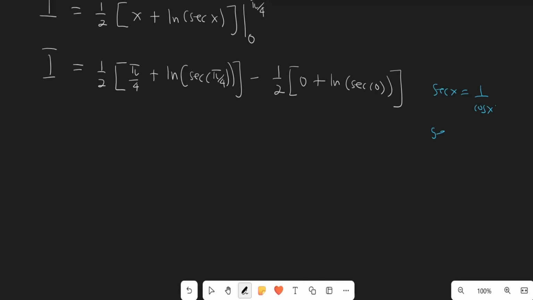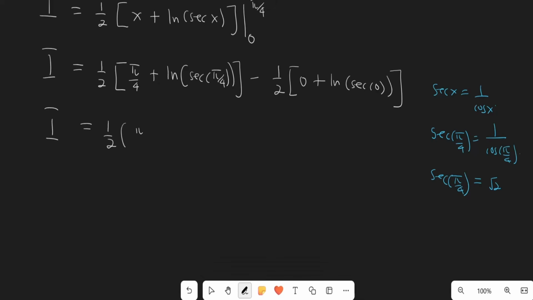So secant of x is equal to 1 over the cosine of x. So that means secant of pi over 4 is the same as 1 all over the cosine of pi over 4. So cosine of pi over 4 is 1 over square root of 2. So secant of pi over 4 is going to be the square root of 2. So I'm just going to replace that in our integral here.